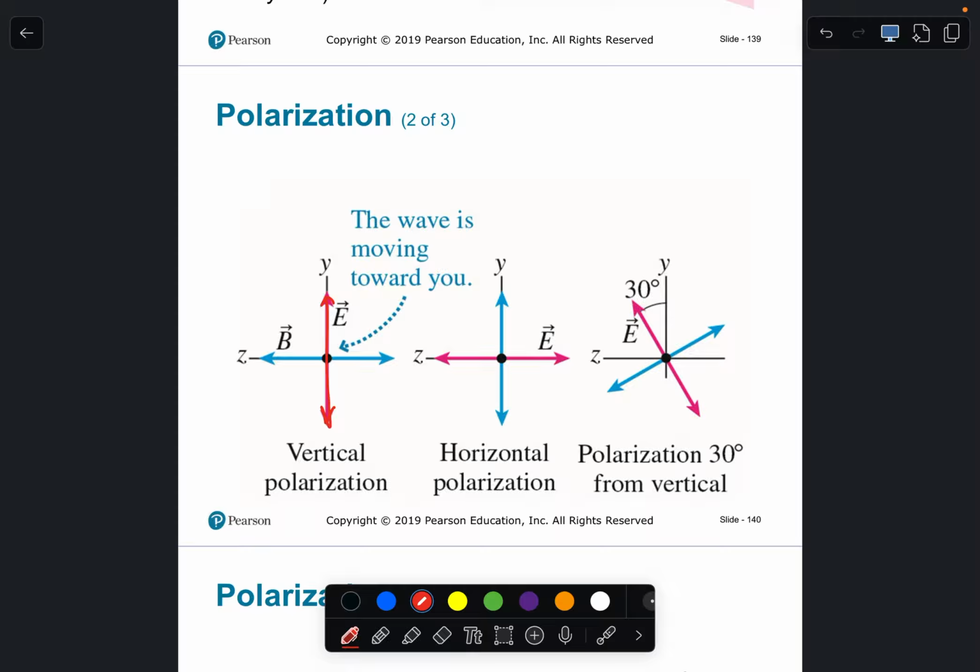Still. And then the E field could be in between the Y and the Z, okay, at some angle with respect to the Y-axis. So we would call that a polarization angle, okay? Horizontal polarization would be E field on the Z, and then vertical would be E field on the Y, okay?